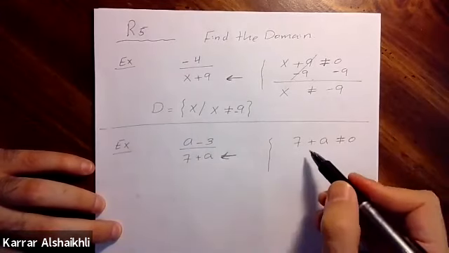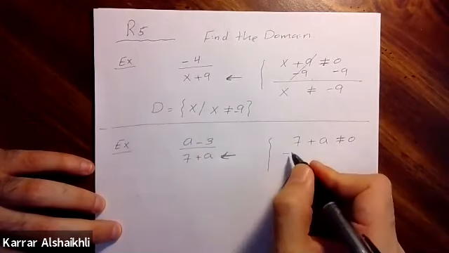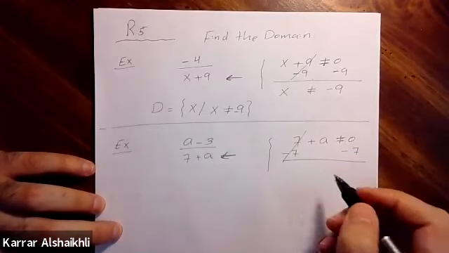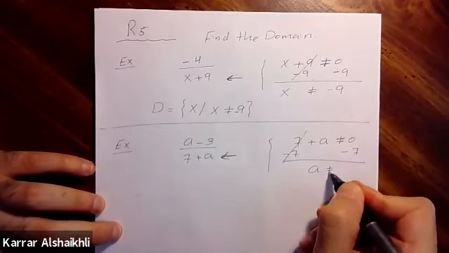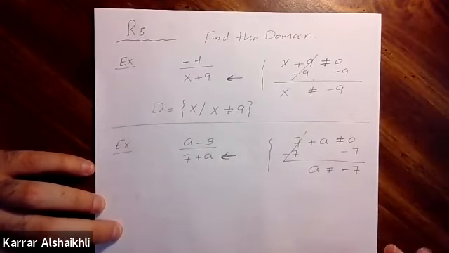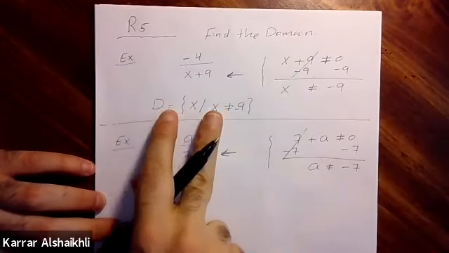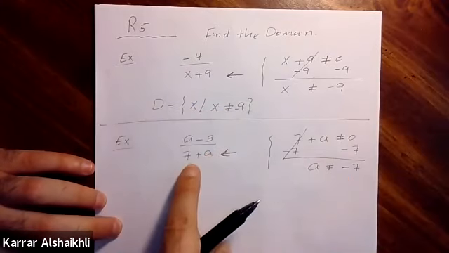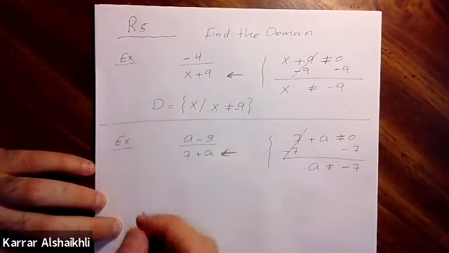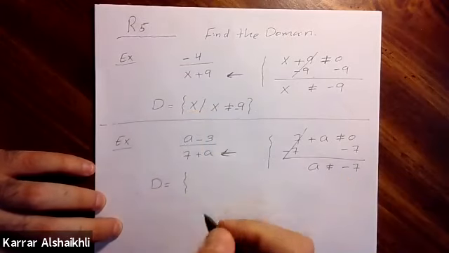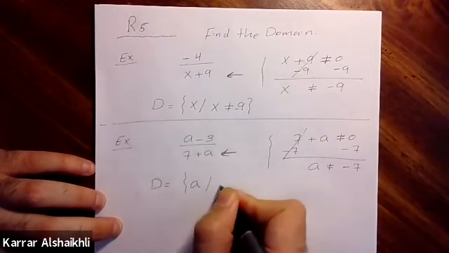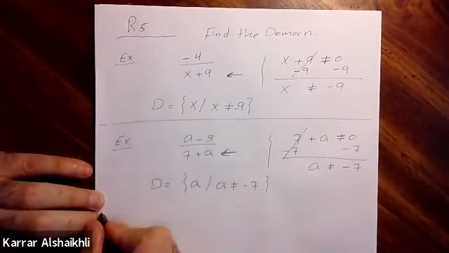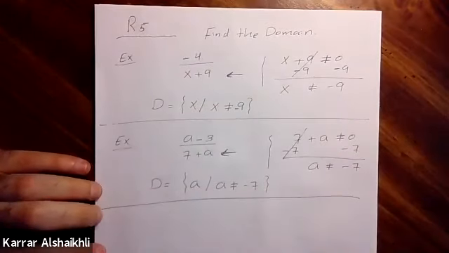Then I'm going to subtract 7 from both sides. So cancel these. So a is going to be not equal to -7. In the first example my variable was x, now with the second example my variable is a. So the domain is all a such that a not equal to -7. That's it for this example.